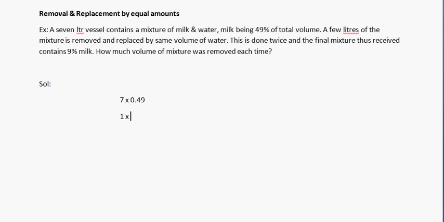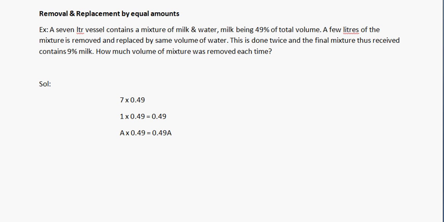It would again be 49%, 0.49, even in 1 liter. Now if we remove, let's say, a liters, then how much milk would be removed? It would be a into 0.49, which means 0.49a milk is removed.